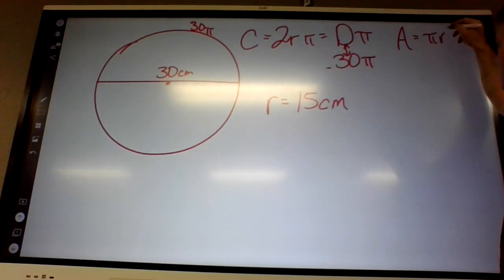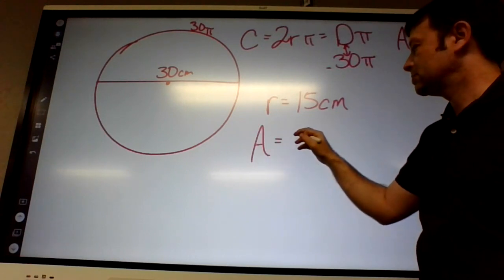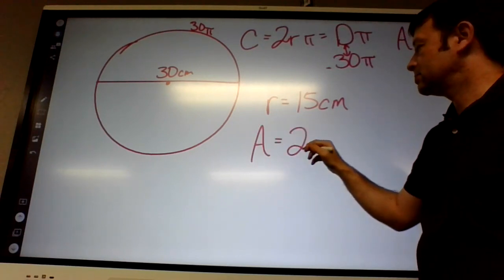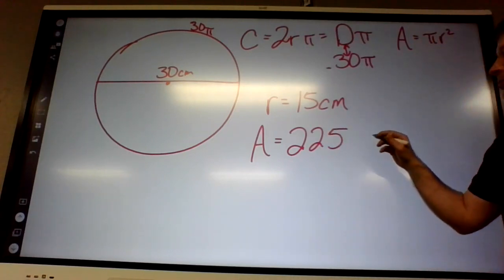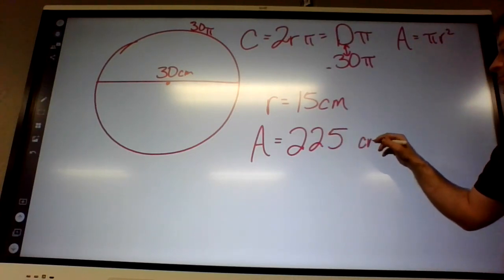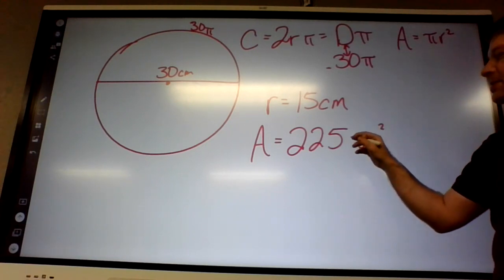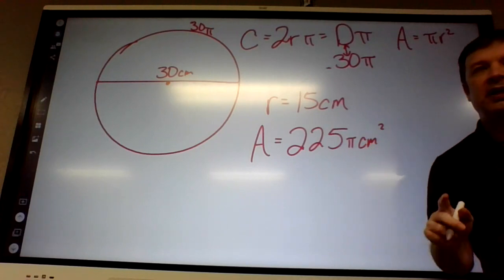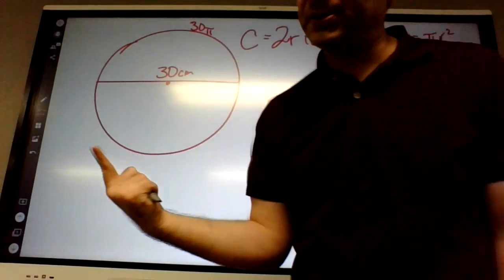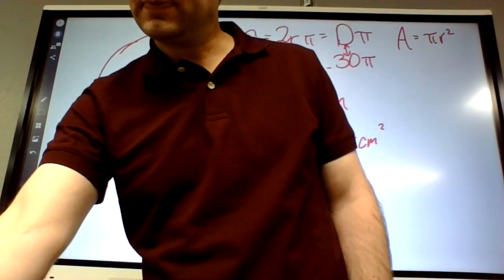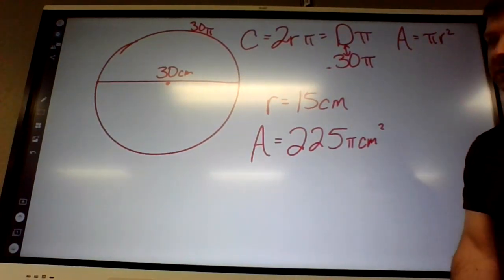Pi r squared. So does anybody know what 15 squared is? 225. Alright. What did I do wrong? I didn't put pi. Okay, so you can write that, or you could write the decimal version, which is 706.9.